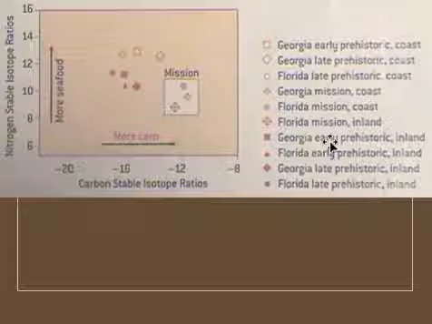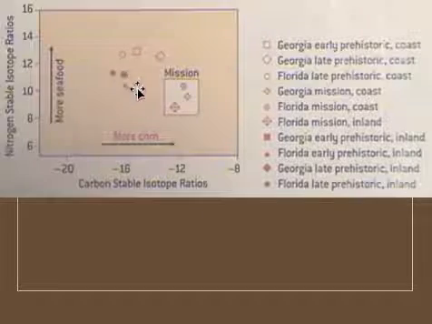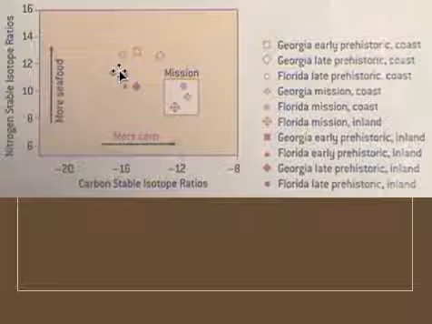Right. So if you look at the prehistoric and the late prehistoric, what you see is a diet like this. When you look at Georgia and Florida late prehistoric, you can see it's somewhat similar.